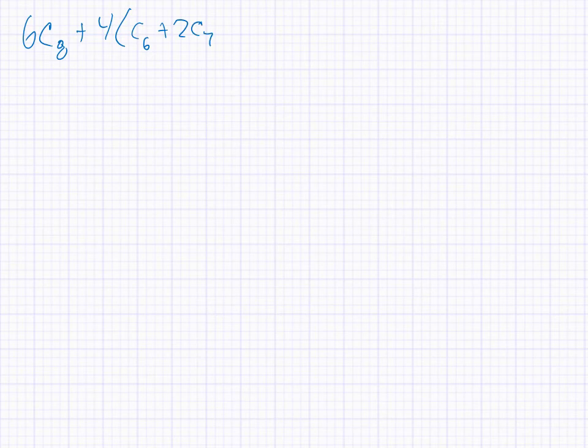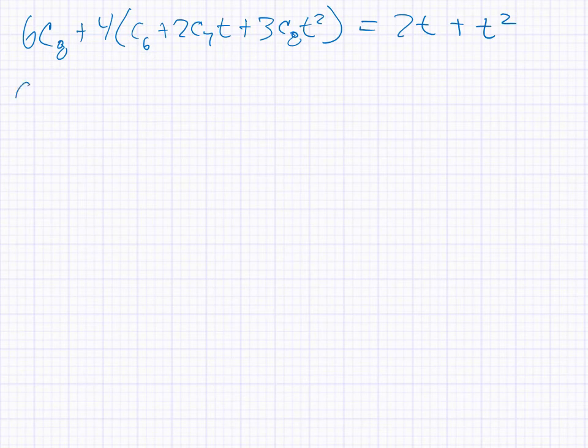All right, so what do I have? What I have is 6c8 plus 4 times the derivative, remember, was c6 plus 2c7 t plus 3c8 t squared. That has to equal 2t plus t squared.